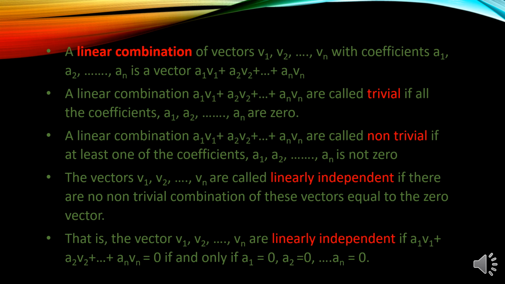Since the determinant is -2, it is not equal to 0, so the functions f of x, g of x, and h of x are linearly independent because the determinant was not equal to 0. But if it was equal to 0, then they would have been dependent.